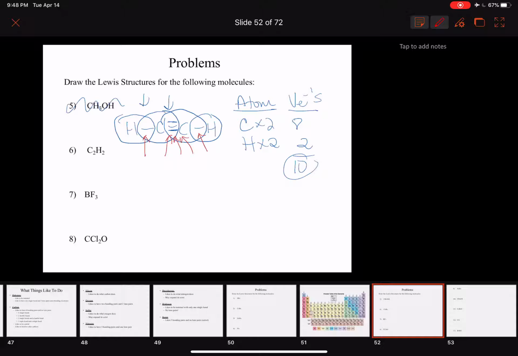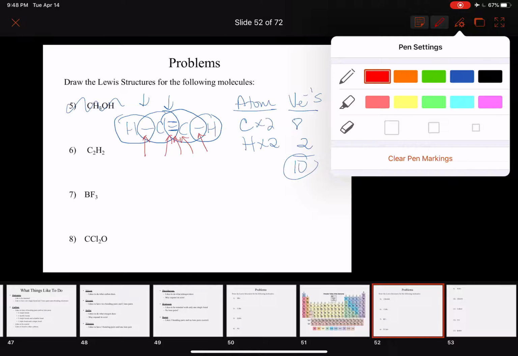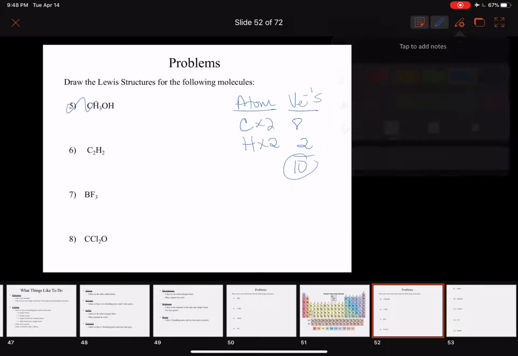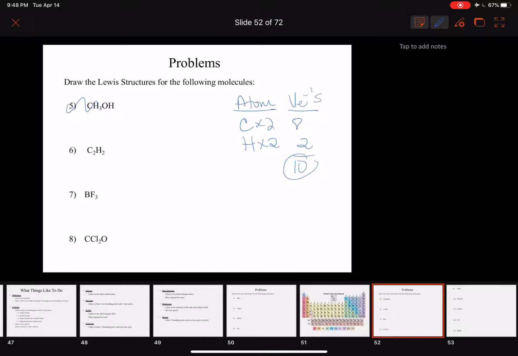Okay, so if we were to back up and do it the way that we did it in the beginning, where we added up all the valence electrons, and then we tried to make a structure that way, we would draw this structure, and then we would see that we've used up 2, 4, 6 of our 10 electrons, and we would know that we had 4 left over.